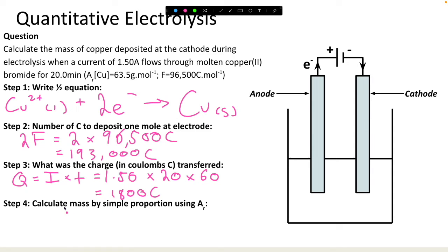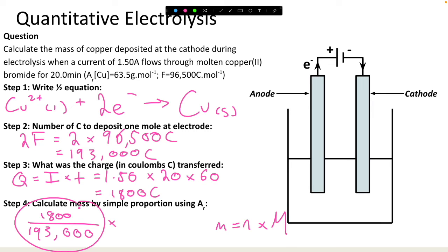So let's work out how much mass we're actually going to be producing by using a simple proportion. If it requires 193,000 coulombs for 1 mole, but we've only supplied 1,800 coulombs, let's work out what that is as a fraction of each other. And then we can just multiply it by the relative atomic mass, essentially using mass is equal to the number of moles times the molar mass, where our number of moles is going to be that ratio of how much charge we've put through.